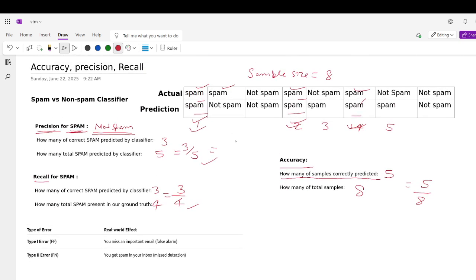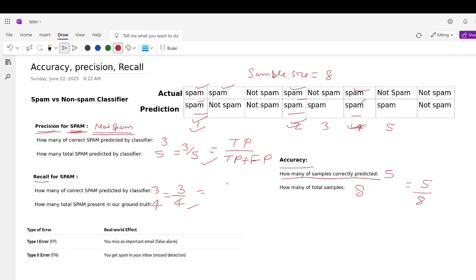Like this is the positive class, which is a spam class. How many of them are predicted as true and actually true? So the numerator is true positive divided by true positive plus false positive.